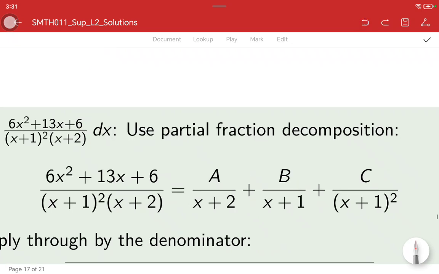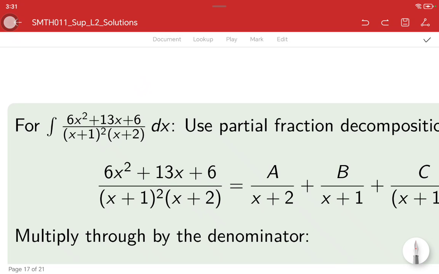Another thing, for you to apply partial fraction, this is the second thing, right? You must make sure that the degree of the denominator, the highest exponent of the denominator, is bigger than or equal to the highest exponent of the numerator. Let's say, for example, if the numerator is x squared and the denominator is x cubed, you can apply partial fraction. Now I'm focusing only on the highest degrees.